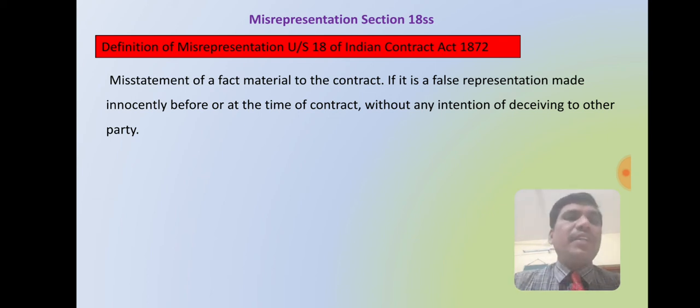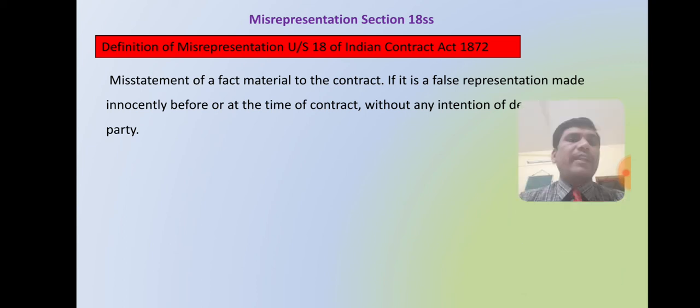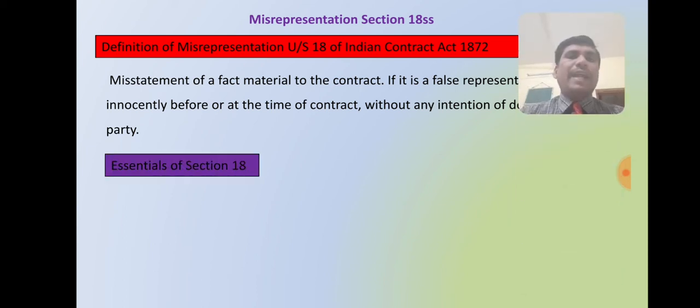So misrepresentation is defined under section 18 of the Indian Contract Act 1872. It provides that misrepresentation is a statement made by one of the parties regarding a material fact of the contract. Sometimes misrepresentation is an innocent statement made by the parties. There is no intention to deceive.